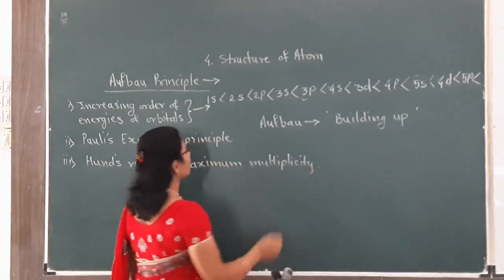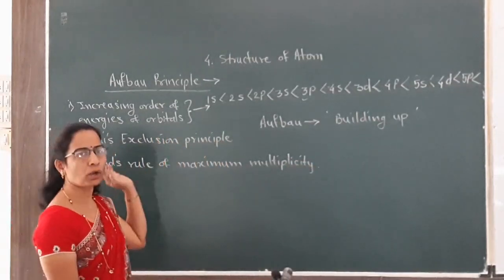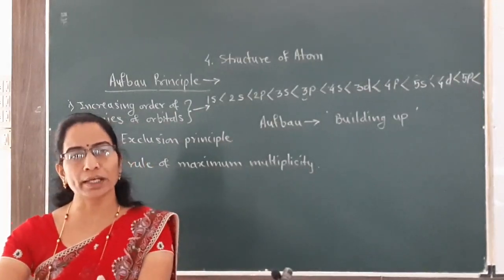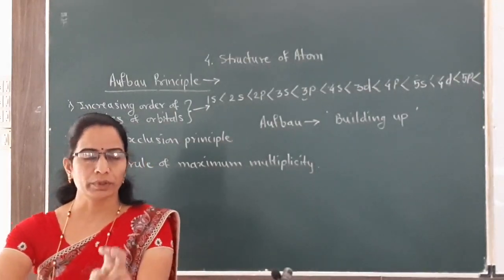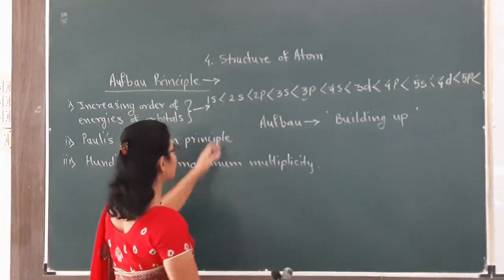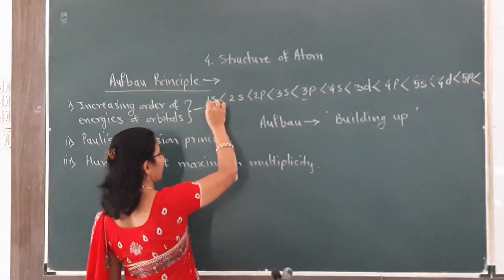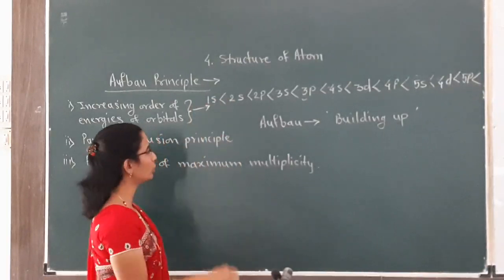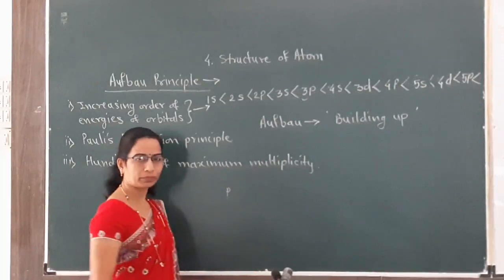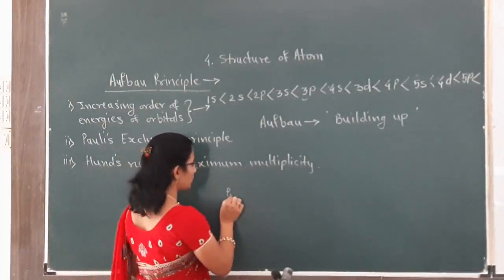Okay. Now you know what the capacity of each orbital is. Every orbital possesses only 2 electrons. We know that the 1s orbital has 2 electrons. The maximum number of electrons in an s orbital is 2, while the p subshell will possess 6 electrons.